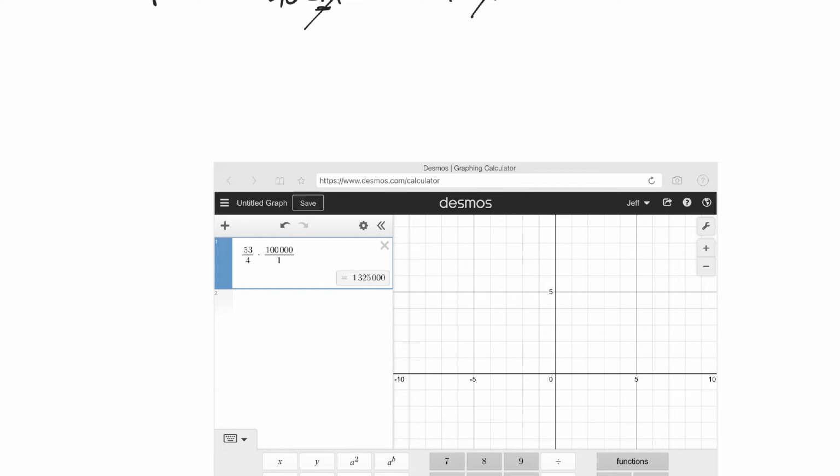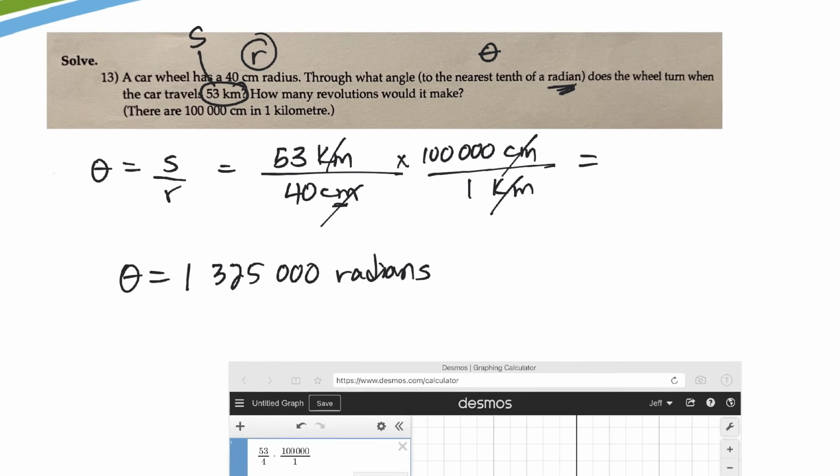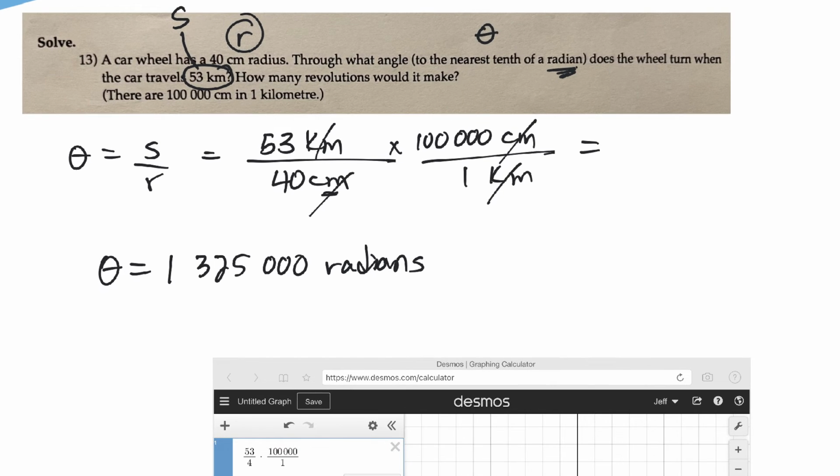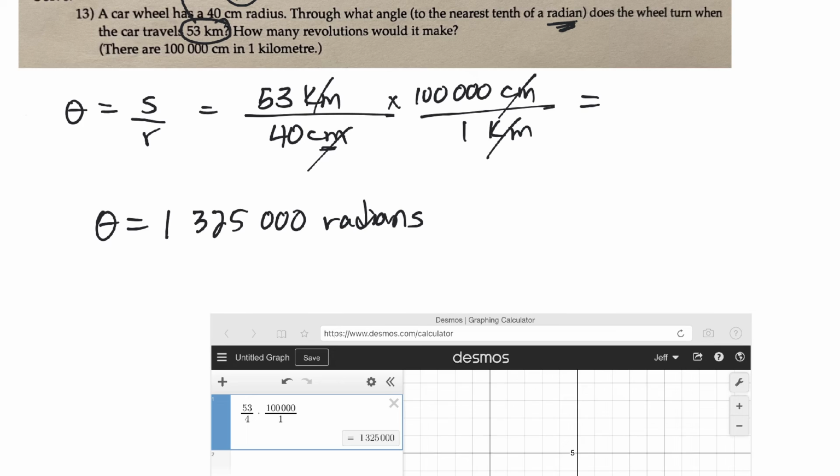Okay, good. So the angle that the tire will turn through will be 1,325,000 radians. Now the question asked, if I go back up there, through what angle to the nearest tenth of a radian will it travel? Well, there's my answer right there.